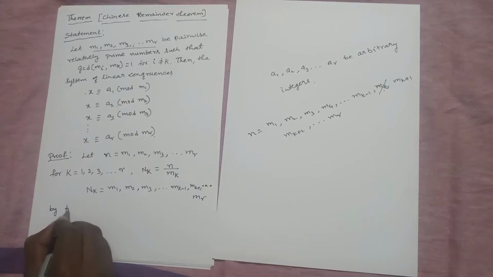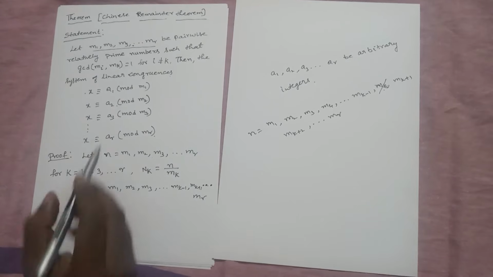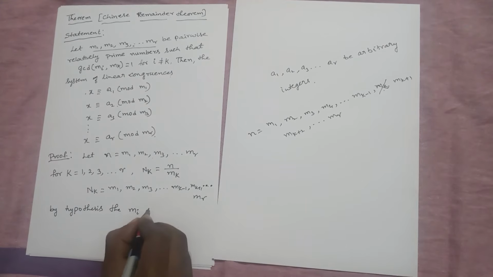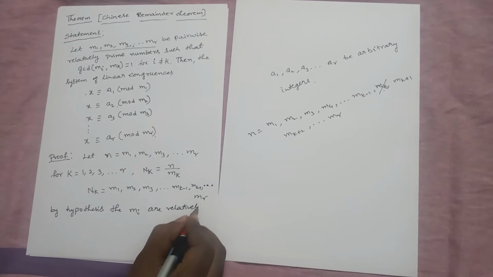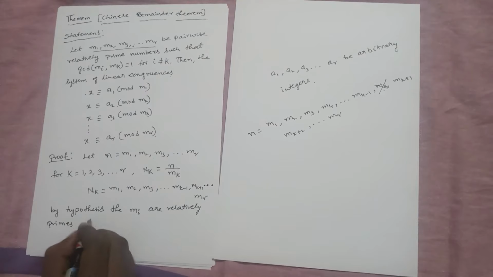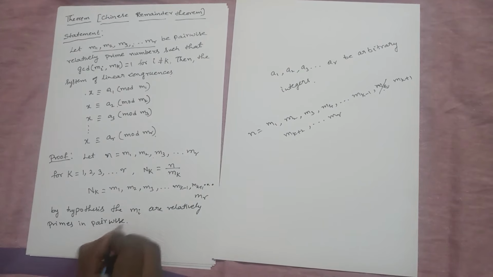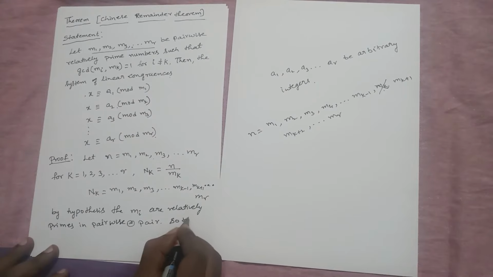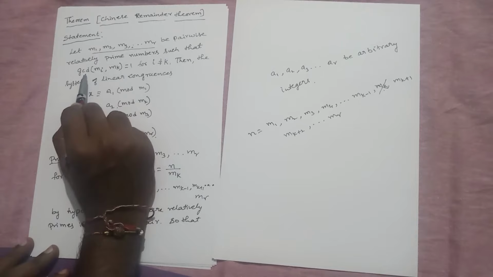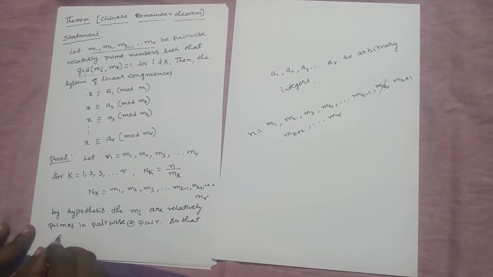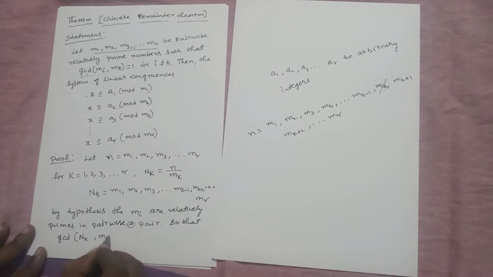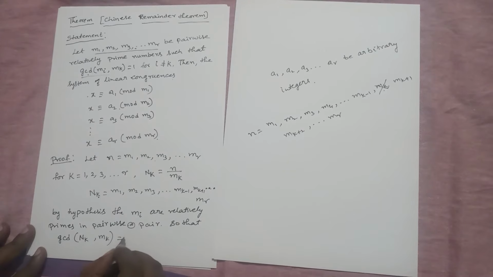By hypothesis, meaning by the above statement, the mi are pairwise relatively prime, such that what can you get for GCD? The GCD of nk and mk, since you are dividing by mk, is 1.